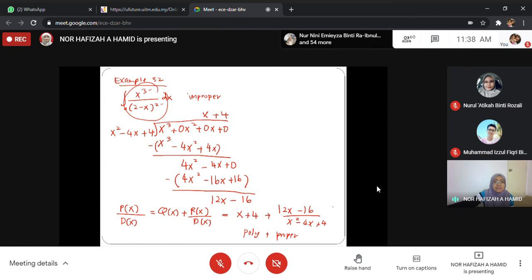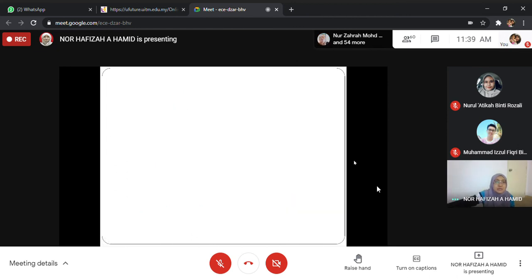Later we will solve this proper fraction again by using partial fractions. So I copy the proper fraction: 12x minus 16 over the denominator 2 minus x to the power of 2.